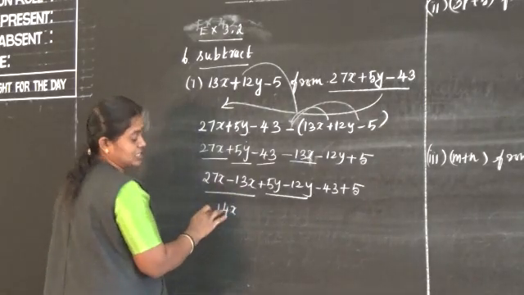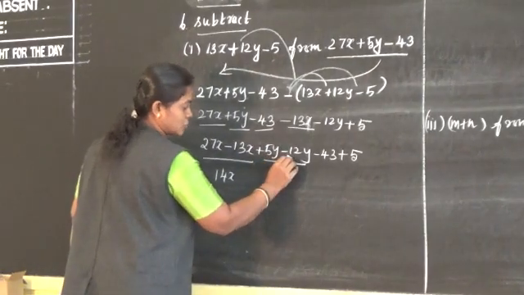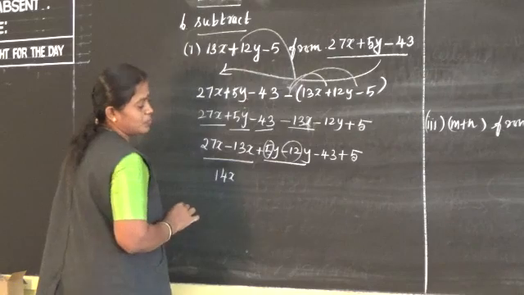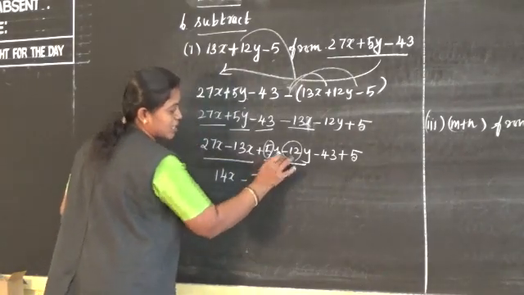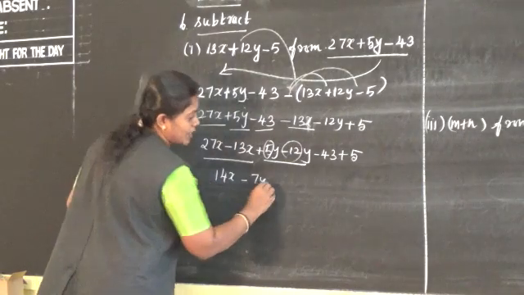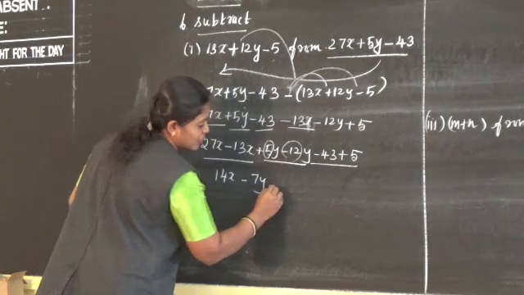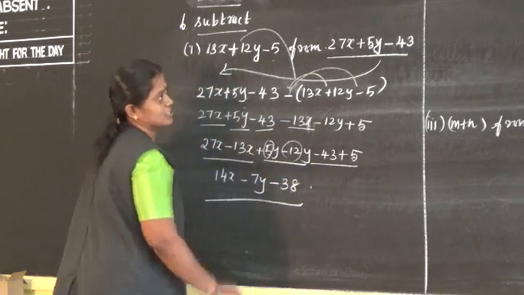Like terms only we can add or subtract, you know that rule. Now 5y minus 12y, look at the coefficient alone, minus 12 plus 5. If you are subtracting, minus 7y, because the greater number is 12. Here minus 43 plus 5, you get minus 38. This is the answer for this expression.